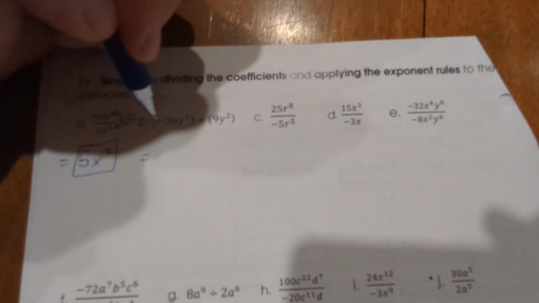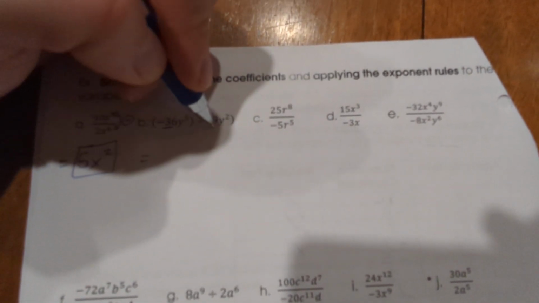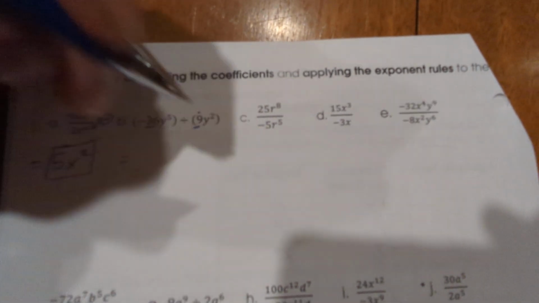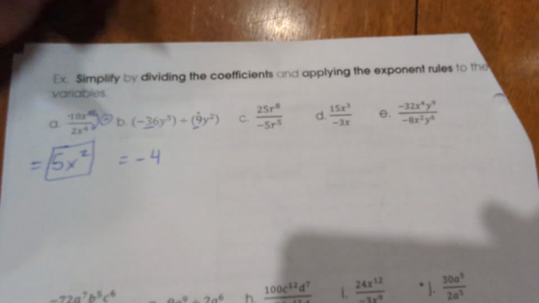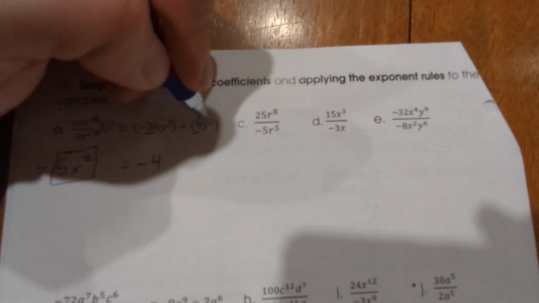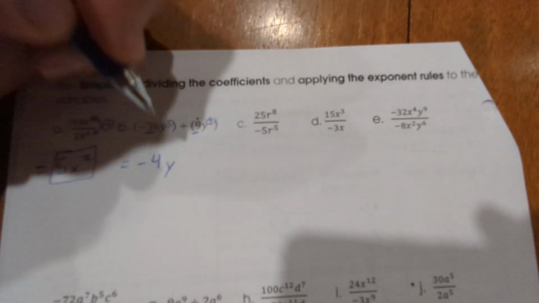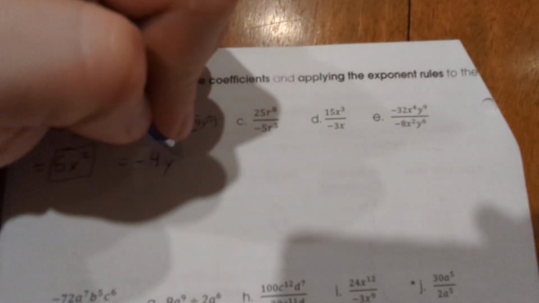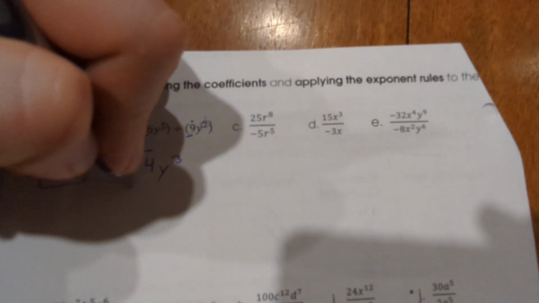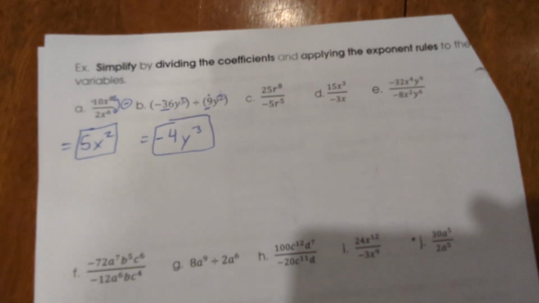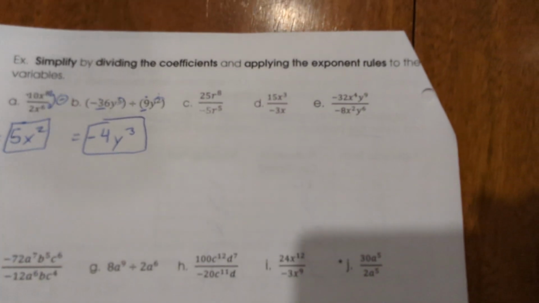Again, we're dividing. So we divide the numbers first. Negative 36 divided by 9 is negative 4. And then when we're dividing powers, we subtract the exponents. So we have y, and it's going to be 5 minus 2. 5 minus 2 is 3. And continuing on here.